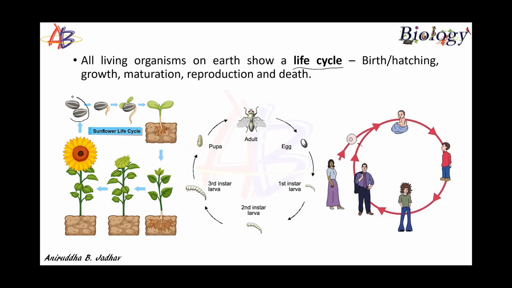Plants, particularly here we are talking about flowering plants, right? So in angiosperms, the life cycle begins with the seed. That seed enters into the germination process, which is what is called birth and hatching in the case of animals.